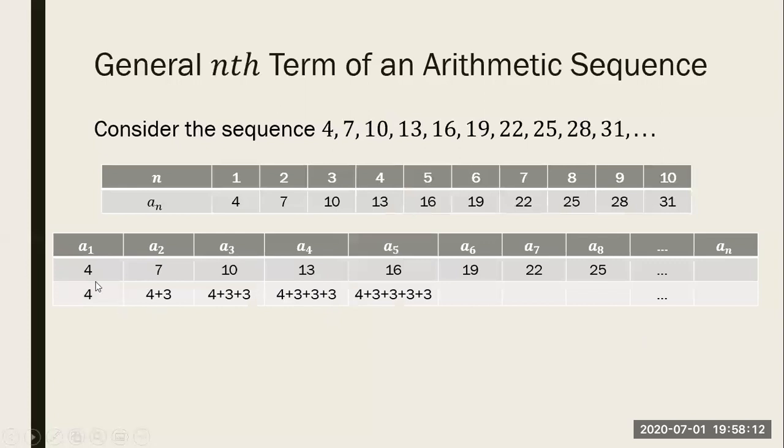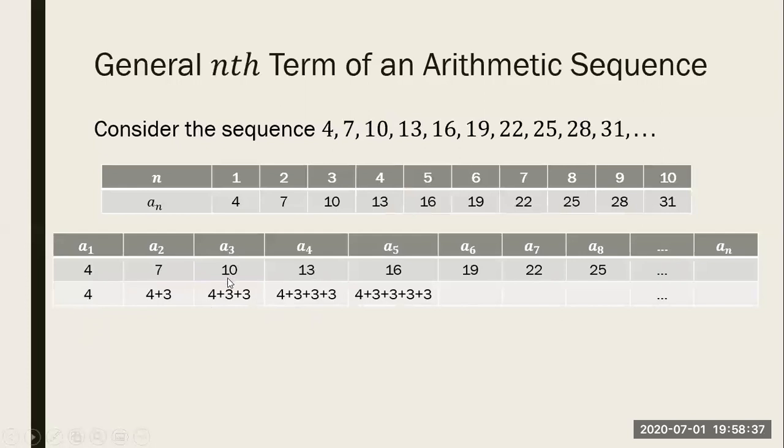Okay. In the third row, inulit natin paano na-obtain yung ating term. Yung pagkakasunod-sunod niya. Paano na-obtain yung 7, paano na-obtain yung 13. So, let's recall that nag-start tayo ng 4. Para maging 7, nag-add tayo ng 3.